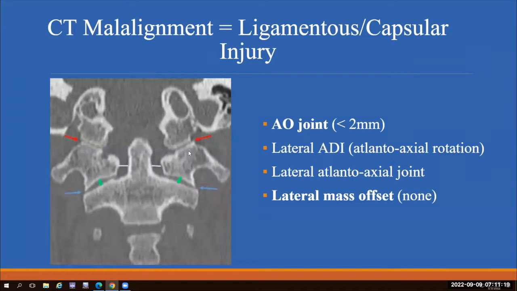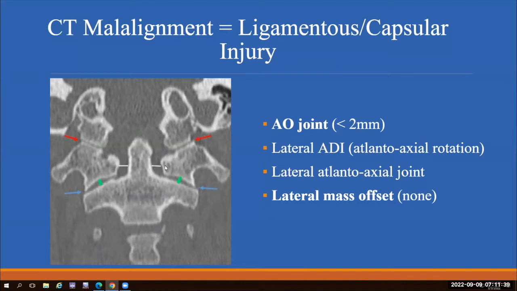So this is the important normal appearance of the craniocervical junction in terms of the bone relationship and the joint relationship. So the red arrows are denoting the atlanto-occipital joints on both sides. And the classic normal line is that the atlanto-occipital joint should measure less than 2 millimeters.